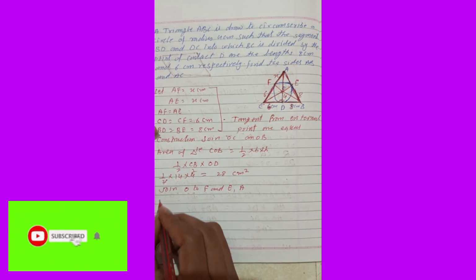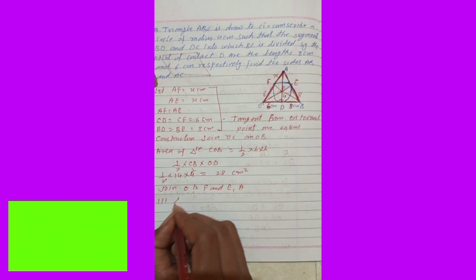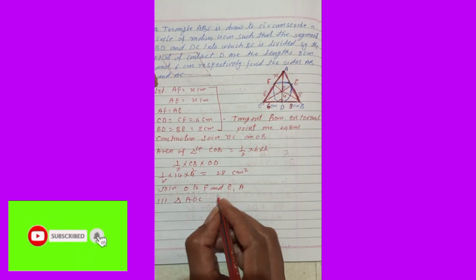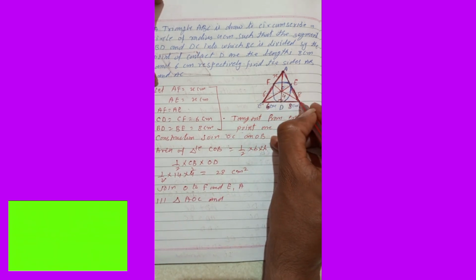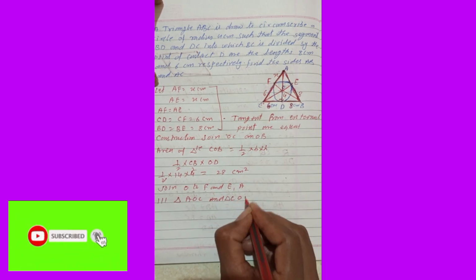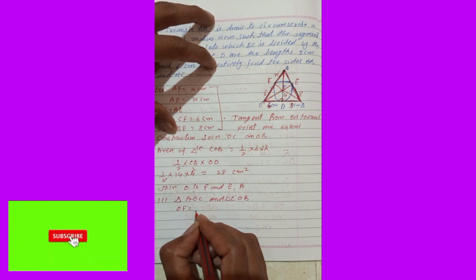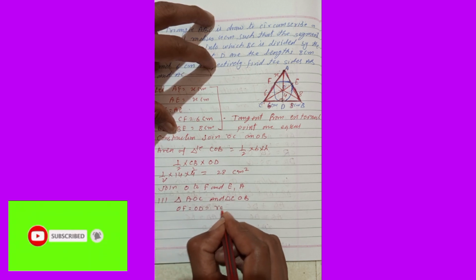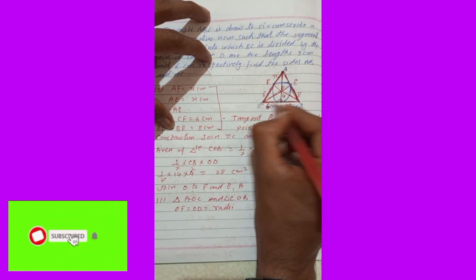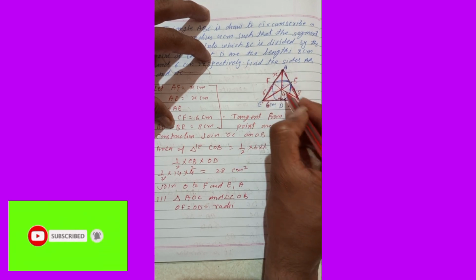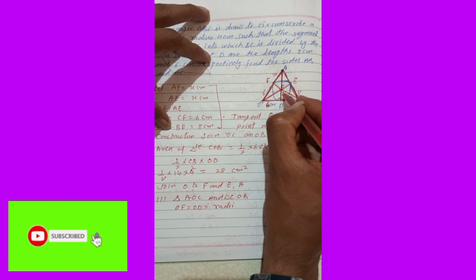Now similarly, take triangle AOC and triangle COB. OF is equal to OD, 4 centimeter, radii of the circle. In these two triangles, this is equal to this one.